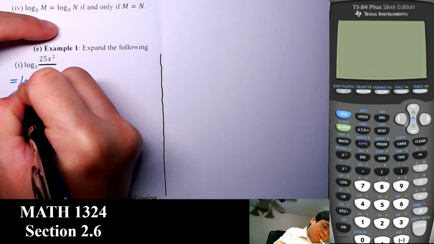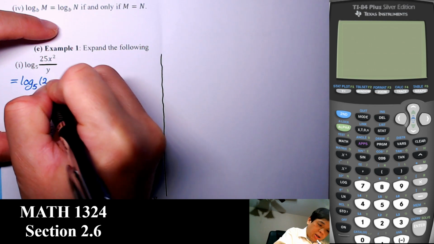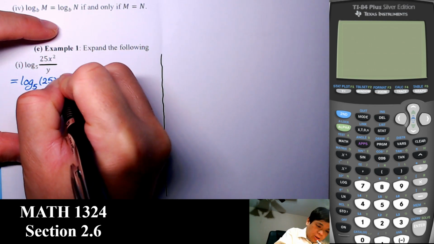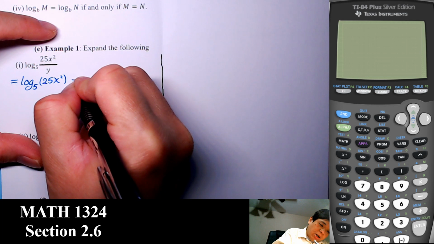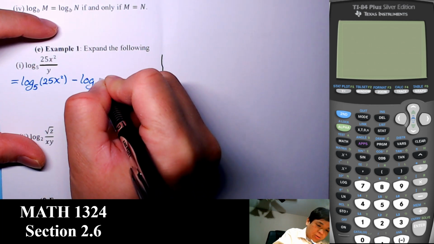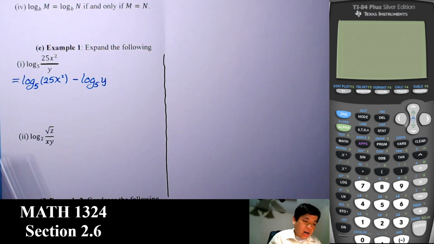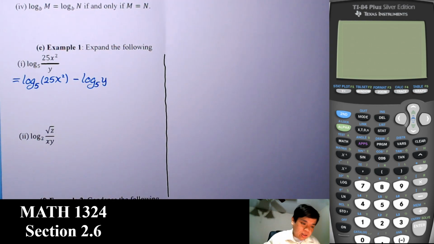Log base 5 of 25x squared, subtract log base 5 of y. Right? So, quotient turns into a difference.